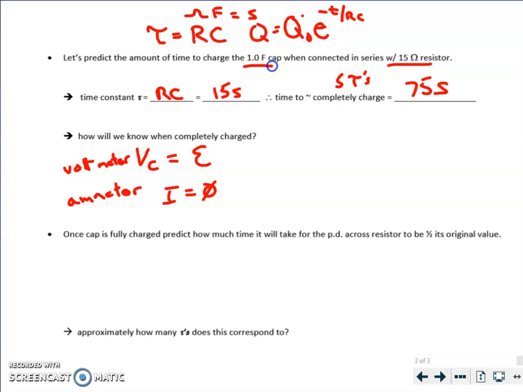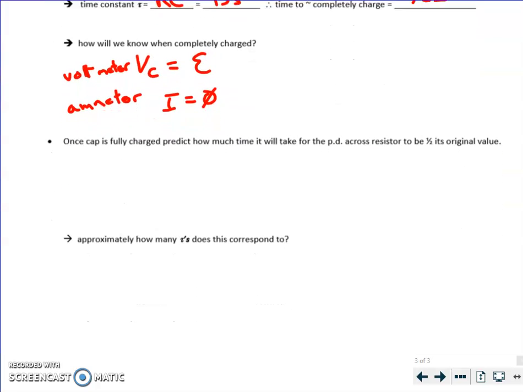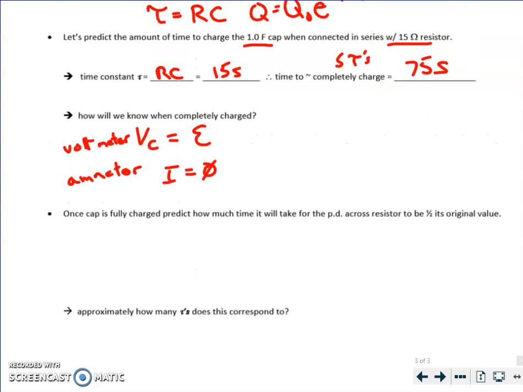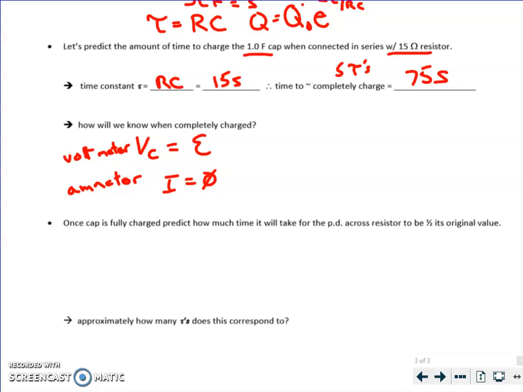Okay, now we want to predict, okay, so now we've fully charged it. And note that we don't have the same equation for charge. I didn't think I brought this up, but the equation for charging is slightly different from the equation for discharging. Discharging, we might say any quantity, V or Q or I, equals this e to the negative t over RC, if this is for discharge.